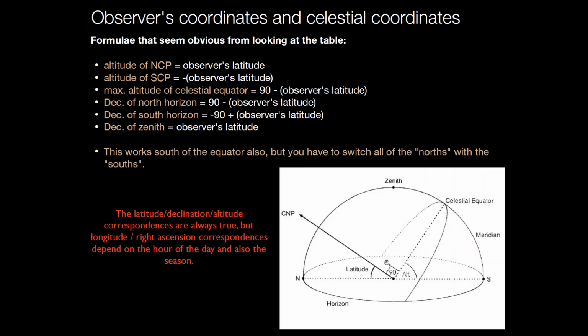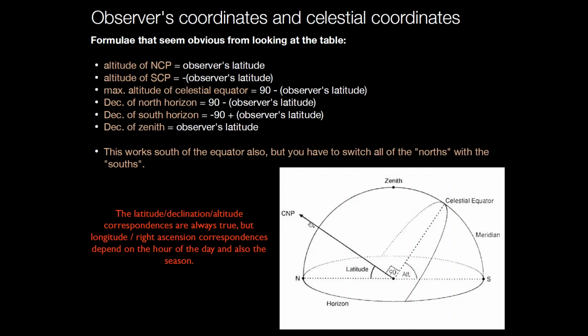Okay, and again, here's another diagram of what we've seen. So because of this rotation, as that horizon system rotates around the Earth, depending on its latitude, this is what the two coordinate systems look like in general.